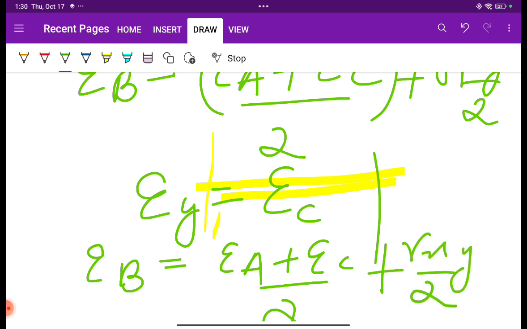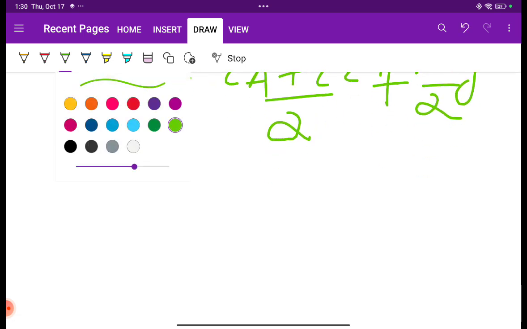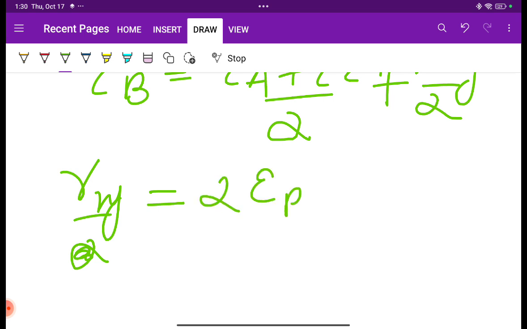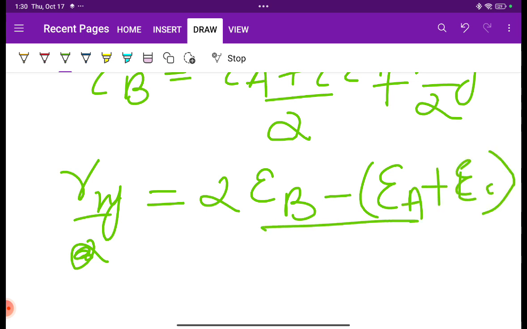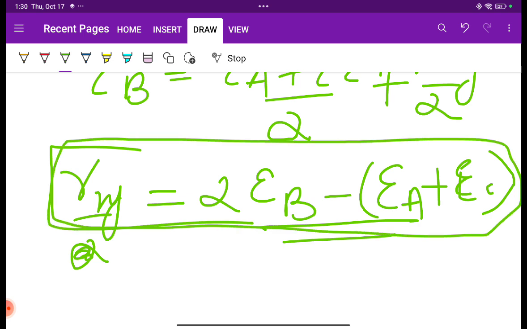And if we have to find gamma xy from this, we just reformulate the previous equation. It will be equal to 2 sigma B minus sigma A minus sigma C. This will be the answer for the shear stress in the xy direction.